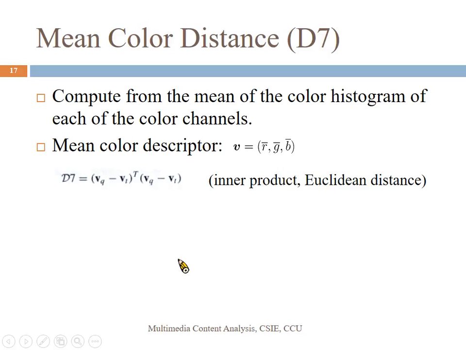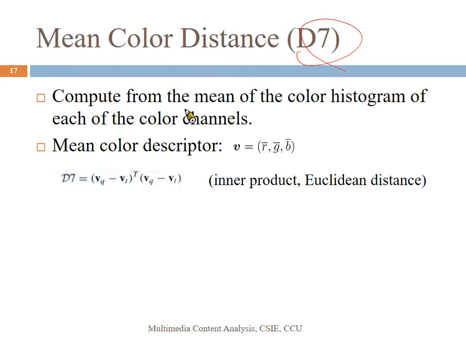Okay. So finally, we often make performance comparisons, and we also calculate two very simple color distances. The D7 is defined like this. It's the so-called mean color distance.